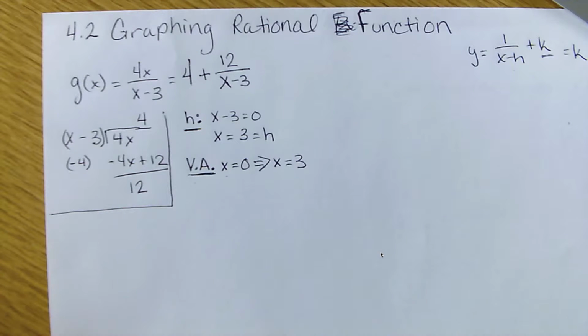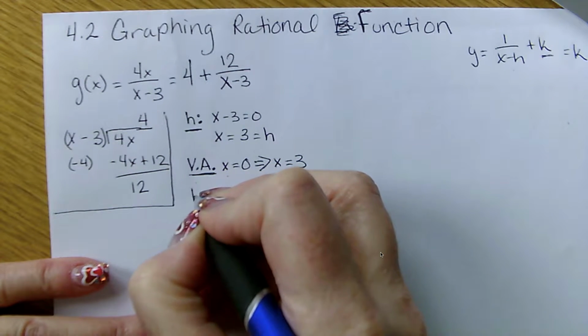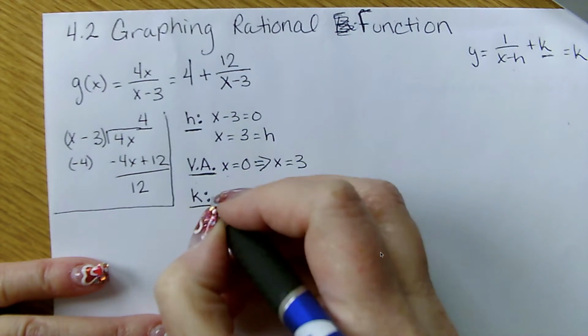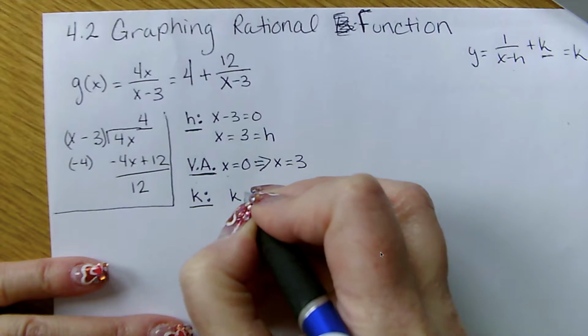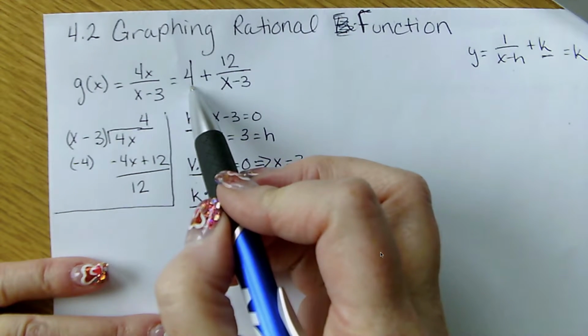The next thing we did was what? k. The horizontal, so we have to identify k, correct? Okay. k. So k is just what? 4.